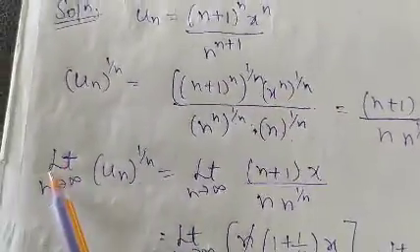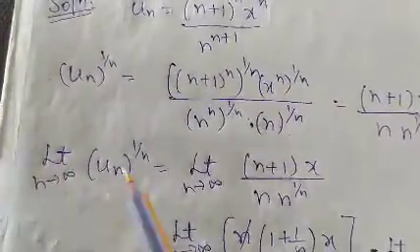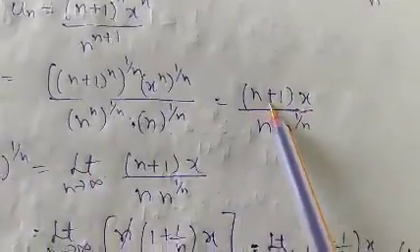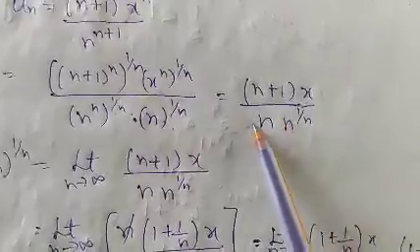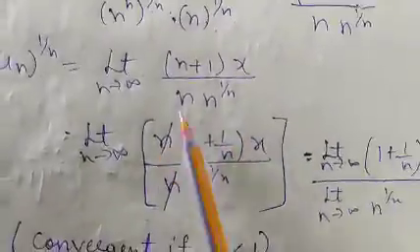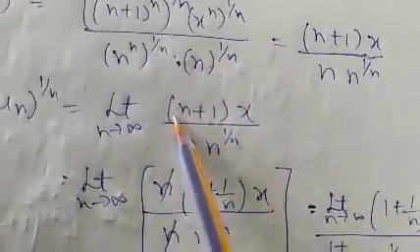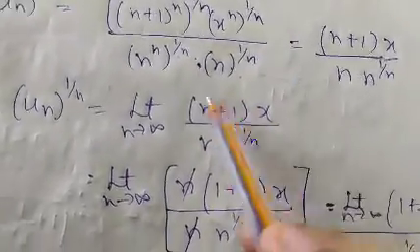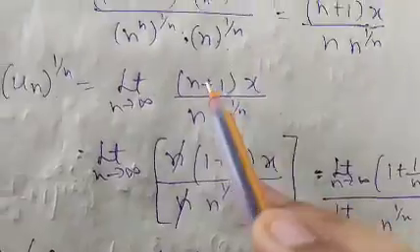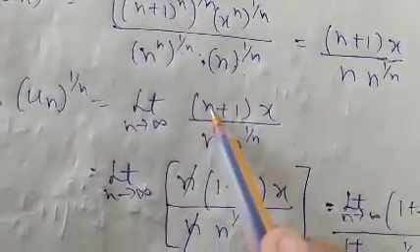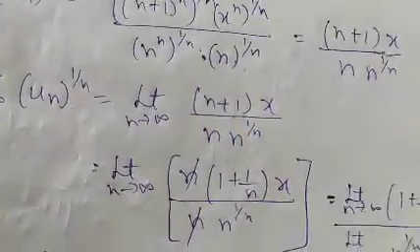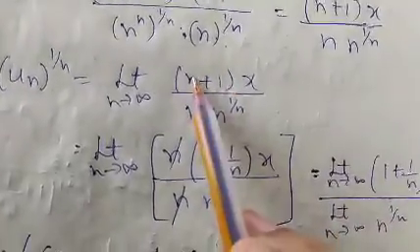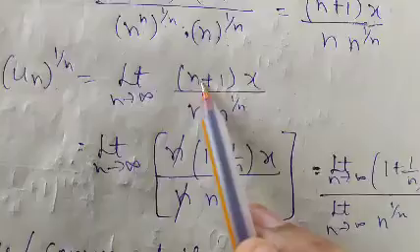Next what you have to do? You have to substitute the limit. Limit n tends to infinity un whole power 1 by n, which is nothing but limit n tends to infinity (n plus 1) x divided by n into n power 1 by n. Again taking n as common from this term. Whenever you come across these types of problems, you have to take n common. Why? When you substitute infinity, it will become infinity by infinity. So in order to skip this step, you take n as common.